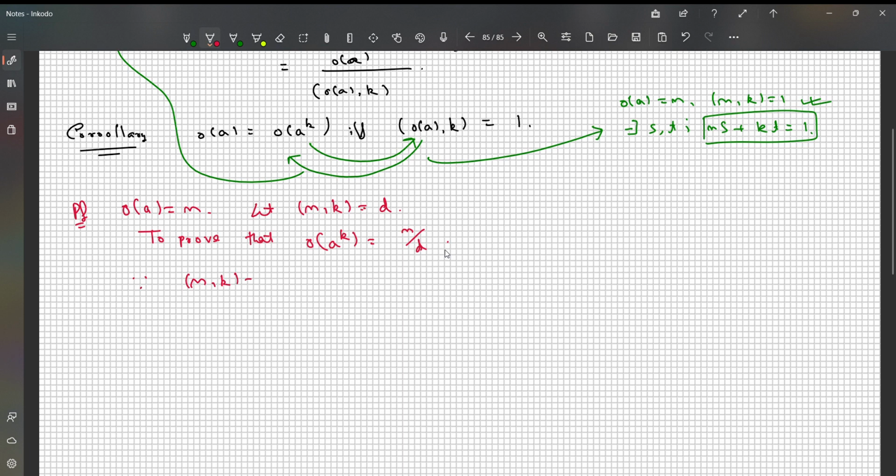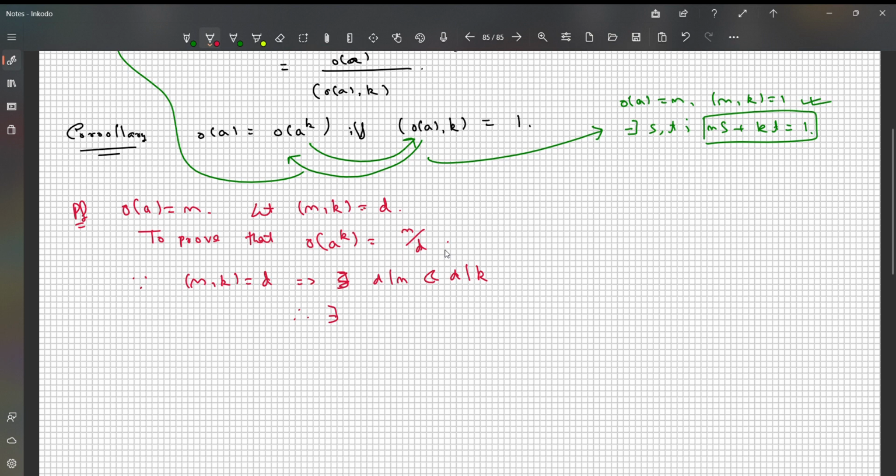Observe that since the GCD of n and k is d, that implies d divides n and d divides k, from the definition of a GCD.